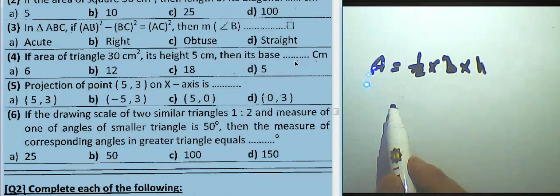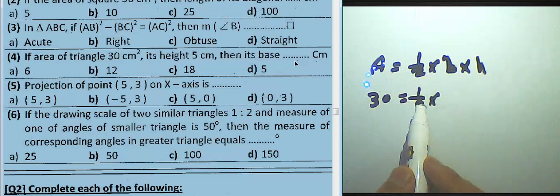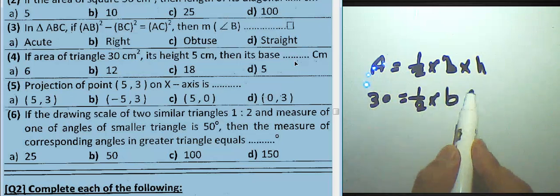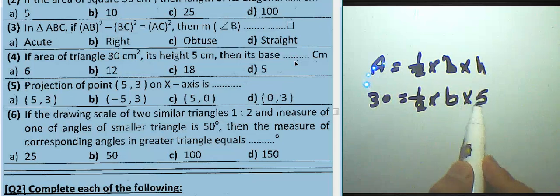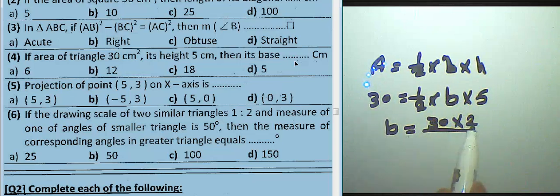He gives us the area equals 30. 30 equals half multiplication by base multiplication by height 5. To find the base, multiplication by 2, area times 2 divided by height equals 60 divided by 5 equals 12 centimeters. Letter B.